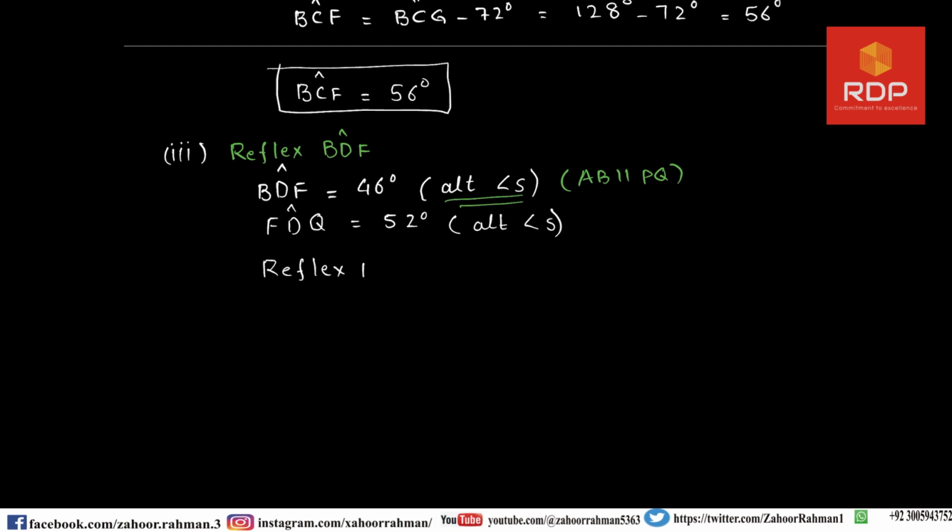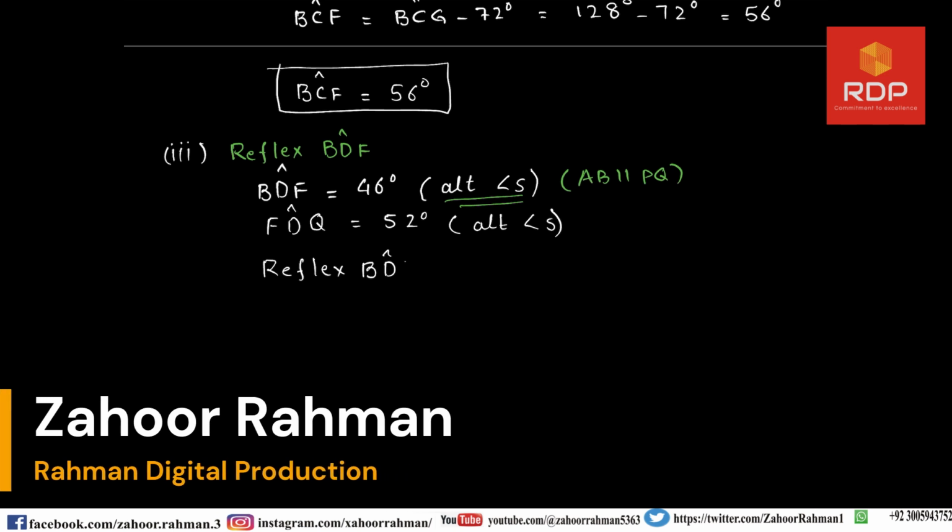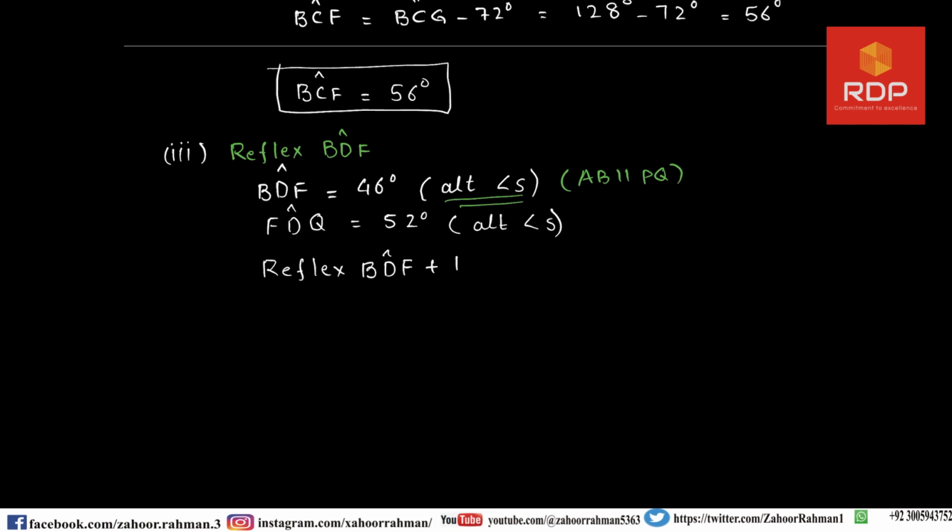Reflex of BDF plus BDQ plus FDQ is equal to 360 degrees, and you have to write angles at a point.